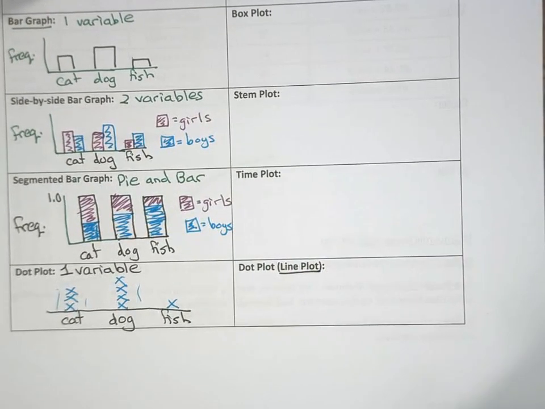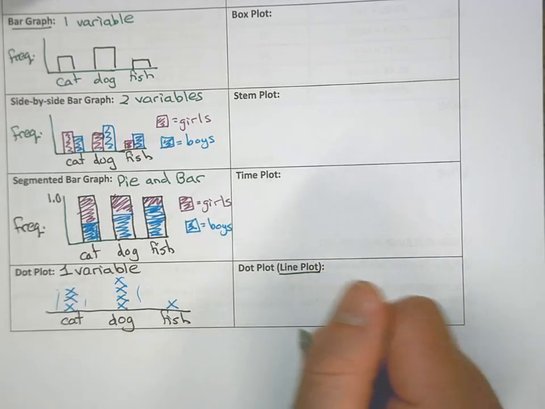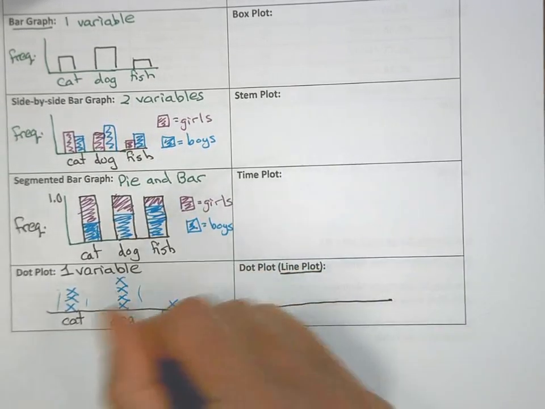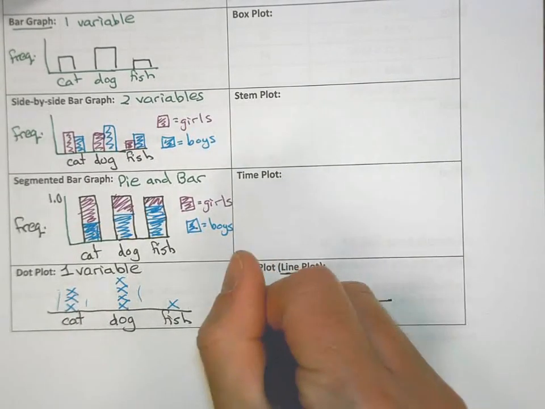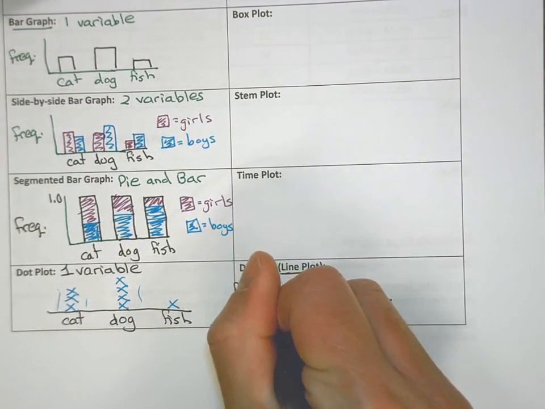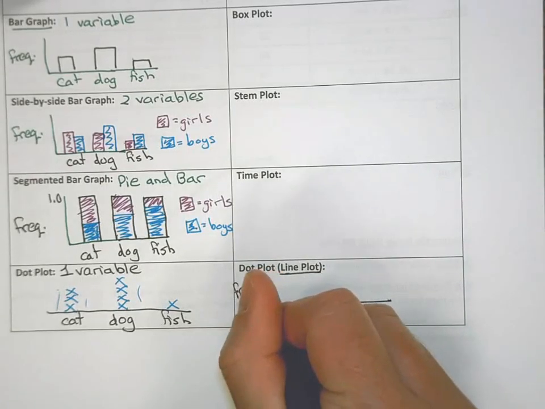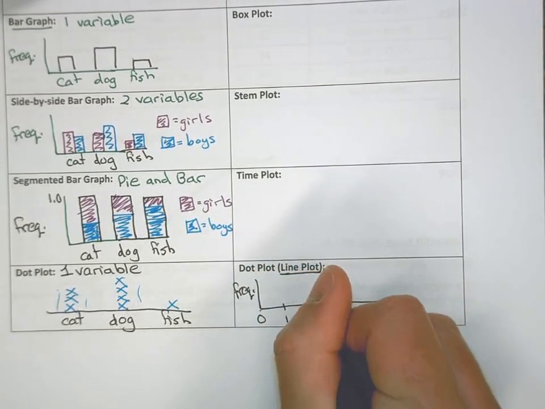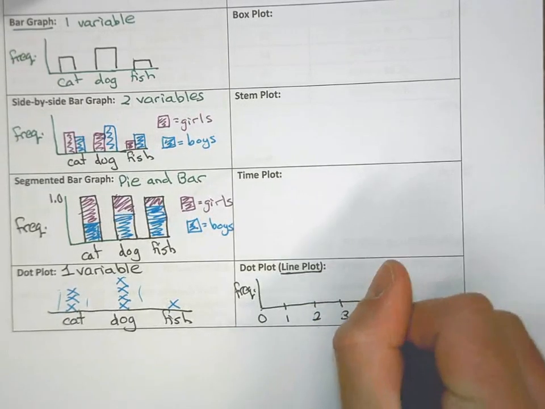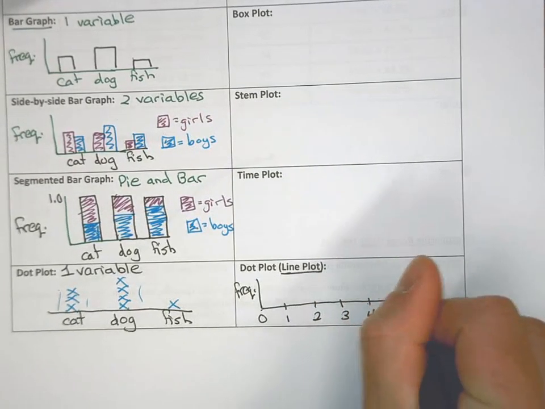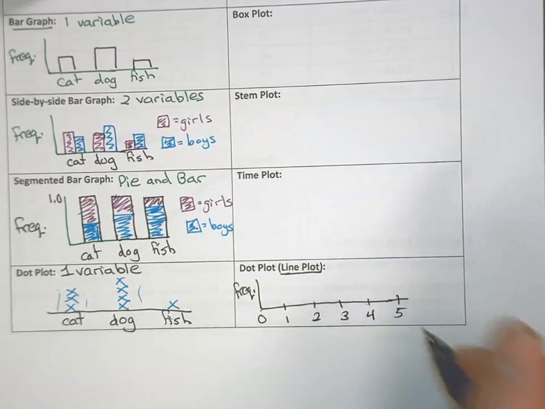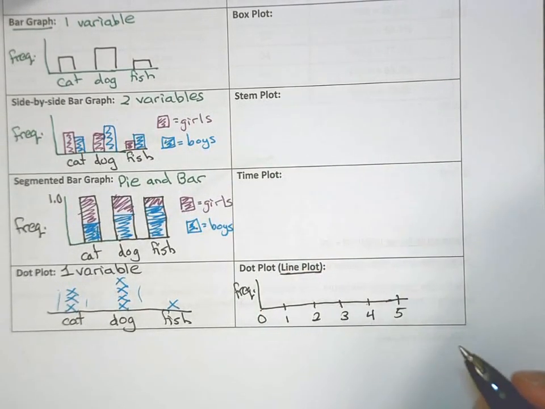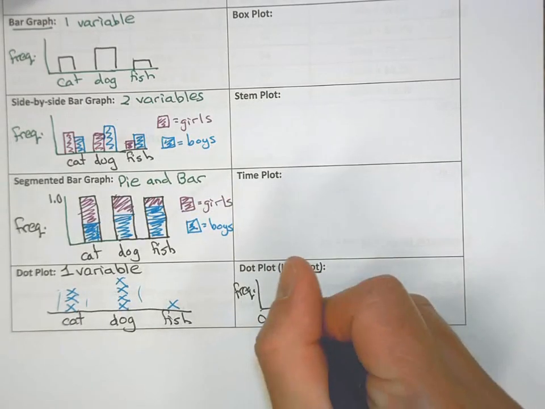My oldest is in 3rd grade right now, and he came home with a homework assignment and it called it a line plot. Instead of categories down there, you may or may not see a frequency on a y-axis, but they're just basically numbers. So from 0 to 1 to 2 to 3, the x's could be in between the numbers or on the numbers, depending on if you have discrete or continuous variables.